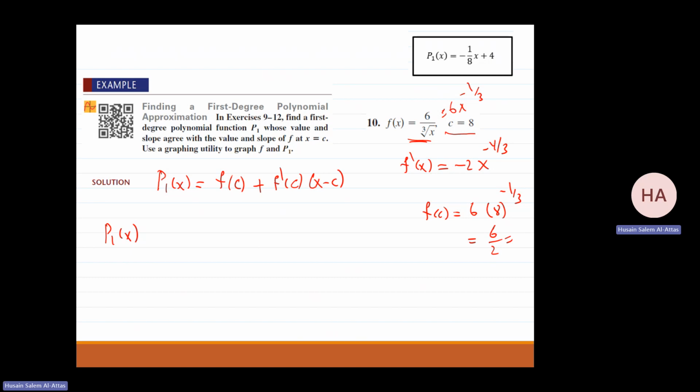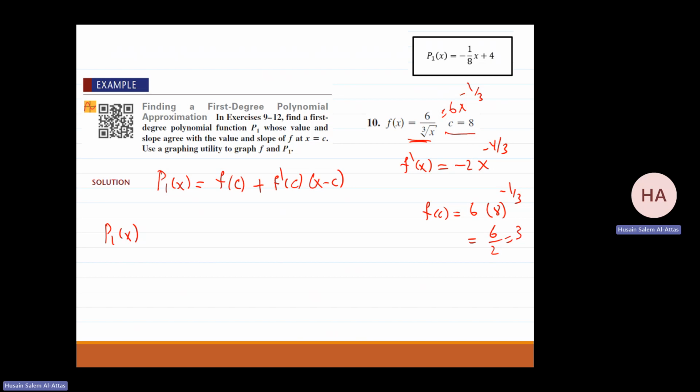So that will be 3. What is this? Find the first degree polynomial whose value and slope agree with the value and slope of f at c. Yeah. So cube root of 8 is 2. So you have 6 over 2, yeah, that will be 3.